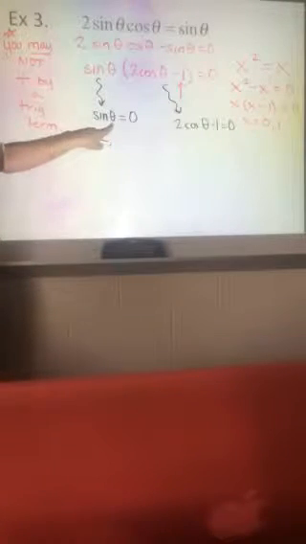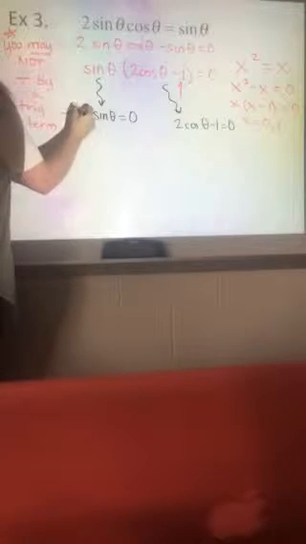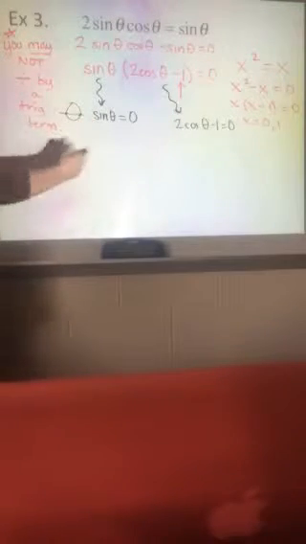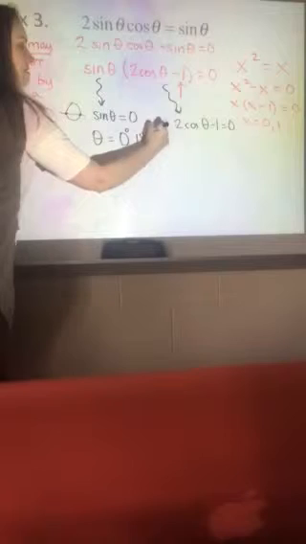Where do I have a y value of 0? Theta is equal to what? 0 and 180 degrees. So I have two solutions that came out of that first factor.